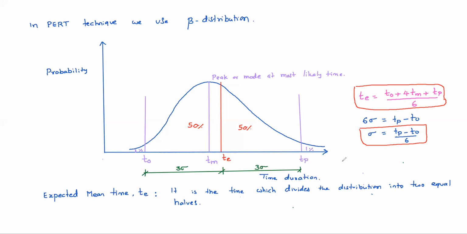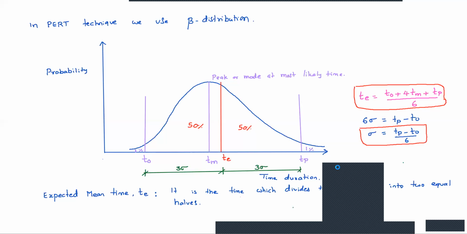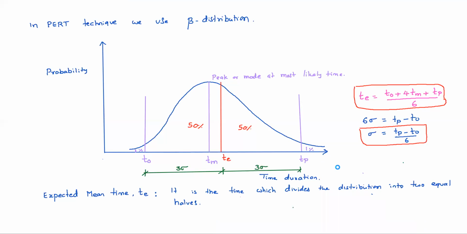What is meant by variance? Variance is what? Square of the standard deviation, right? Yes, sir. So variance is sigma square, that is TP minus T naught by 6 whole square. That is the variance of an activity. Okay.